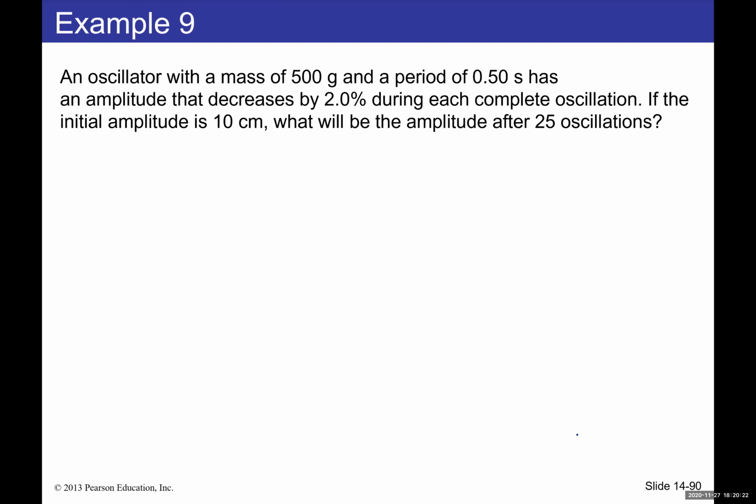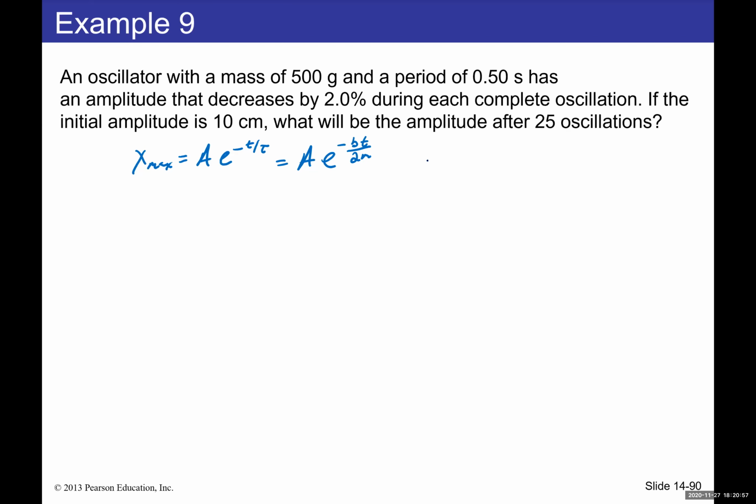We are given, remember, x max equals A e to the negative t over tau, or I can say A e to the negative bt over 2m. So from here, what I can do is basically use this to calculate.